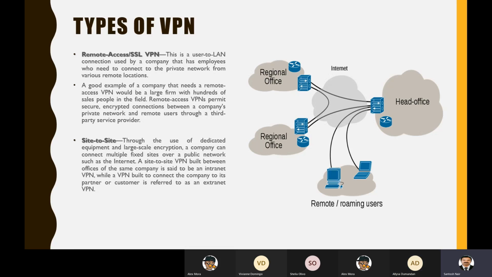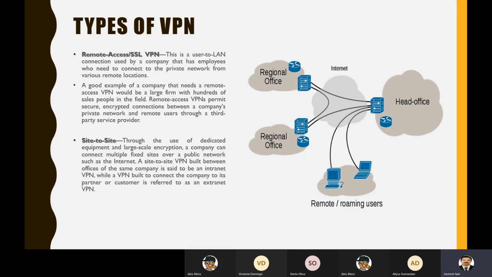VPN might be used as a secondary mode if they have dedicated MPLS providers at that remote location. But if there is no MPLS provider, or if there is a cost constraint, they will go for VPN. Many companies, not only banks, are using site-to-site VPN to connect to their remote branches.